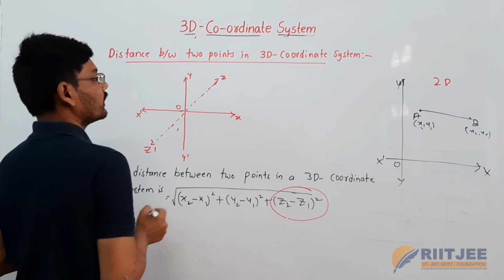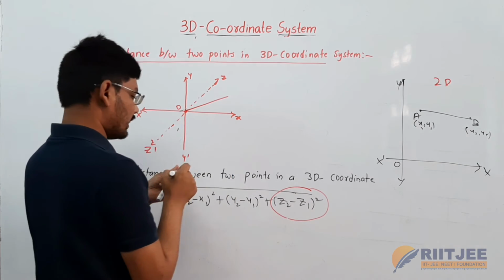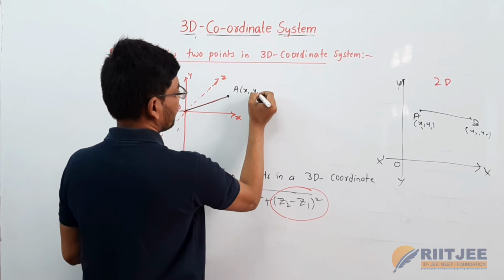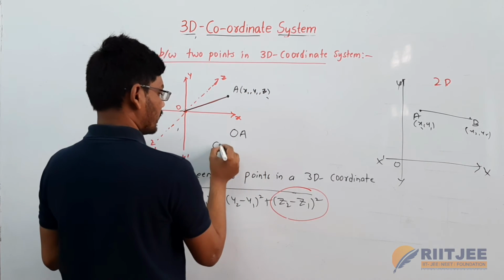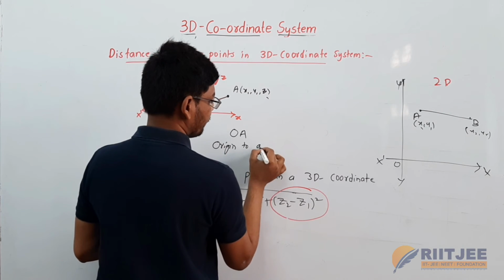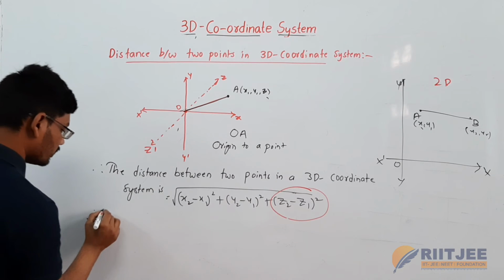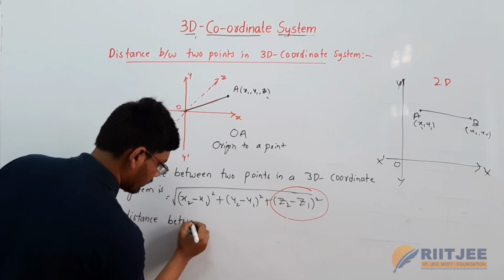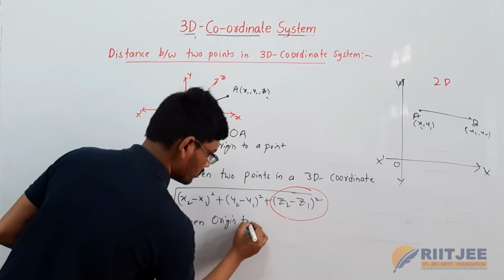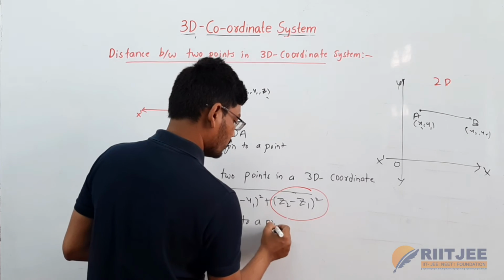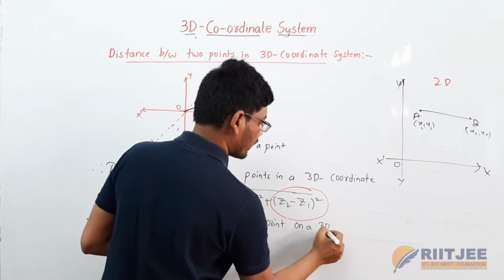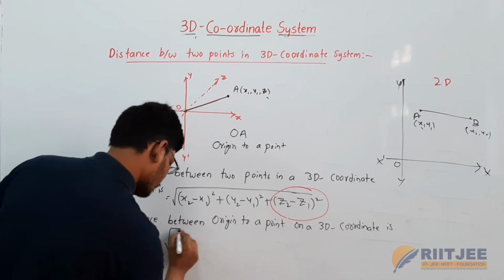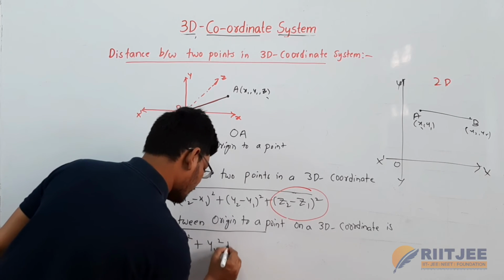For this 3D coordinate system, the distance between the origin and a point A on a plane, that is, the origin to x1 comma y1 comma z1, O to A. Therefore the distance between the origin and a point on a 3D coordinate system is the square root of x1 square plus y1 square plus z1 square.